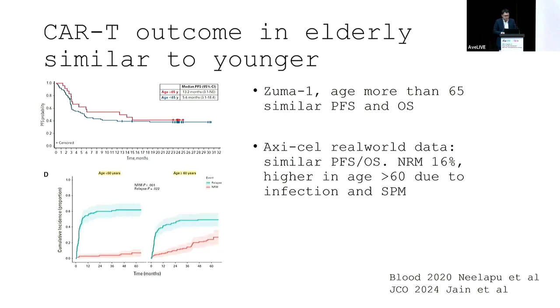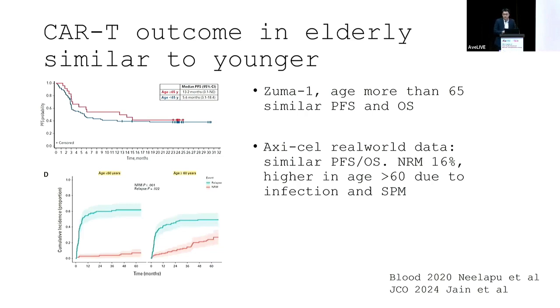In CAR T cell, ZUMA-1 actually had a sub-analysis looking at below 65 and above 65, and survival is the same. And in the real-world data of axi-cel, the PFS and OS are also the same. However, do note that non-relapse mortality was slightly higher in elderly patients more than 60 years old, due to infection and secondary malignancies.